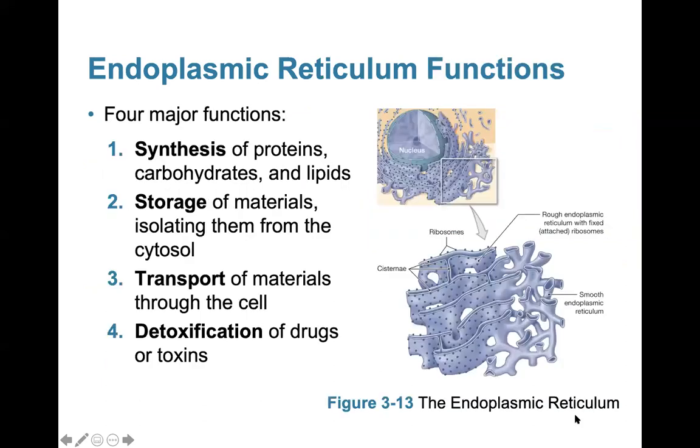So again, there are four main functions of the endoplasmic reticulum: synthesis of proteins, carbohydrates, and lipids; storage of materials, isolating them from the cytosol; transport of materials through the cell; as well as detoxification of drugs and toxins.